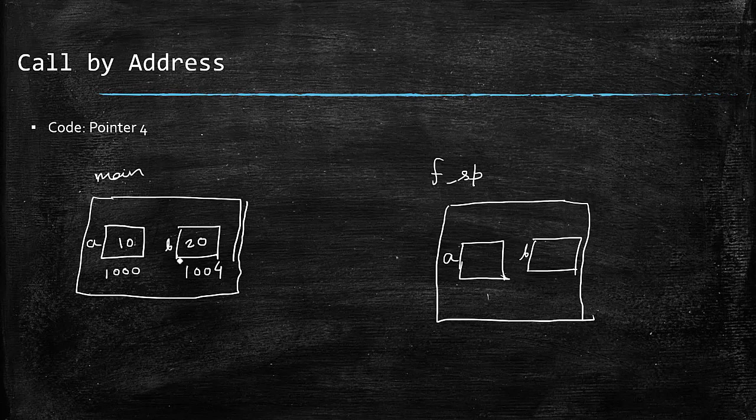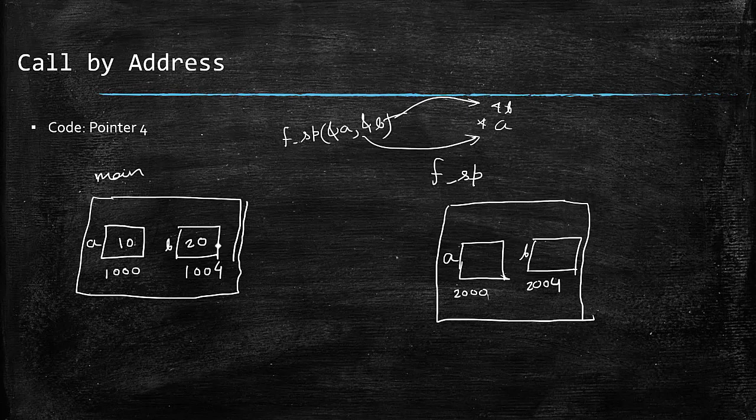This is not the same as the A and B in main. Suppose their addresses are 2000 and 2004. When we are calling the f_sp function with the address of A and the address of B, we are actually passing the address of A into the A pointer and the address of B into the B pointer.